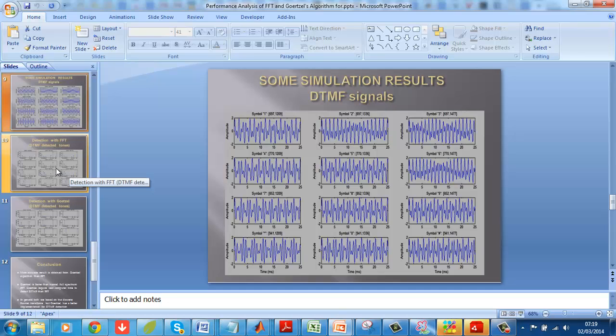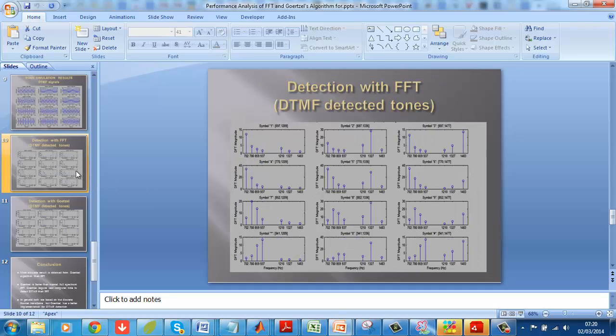So let me show you FFT detection. Now look at FFT detection. For symbol 1, there is a frequency close to 702 here, which is around 697, which is very high. So 697 is detected.